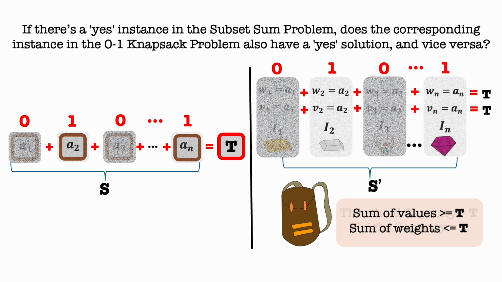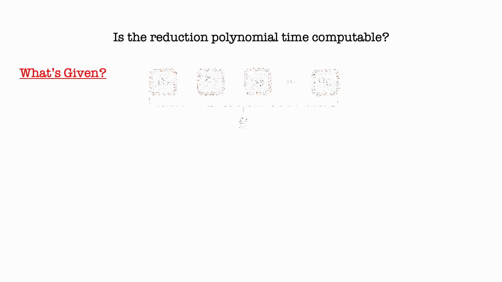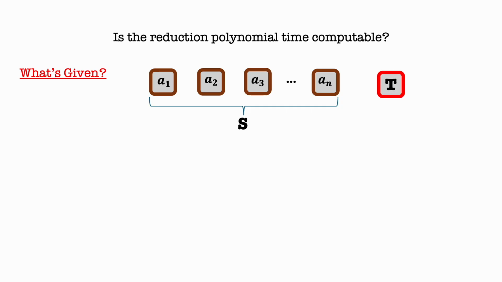Now, we have to see whether this reduction takes polynomial time. Now the question is whether the reduction is polynomial time computable. We need to analyze the time it takes to convert an instance of the subset sum problem into an instance of the decision version of the 0-1 knapsack problem. What's given? A set S of n integers and a target sum t. How do we construct the knapsack instance?